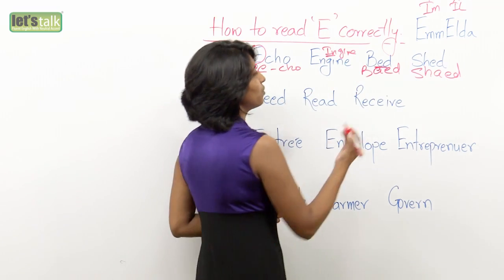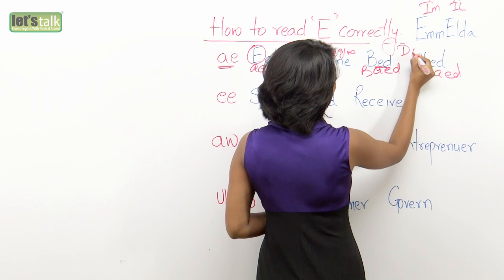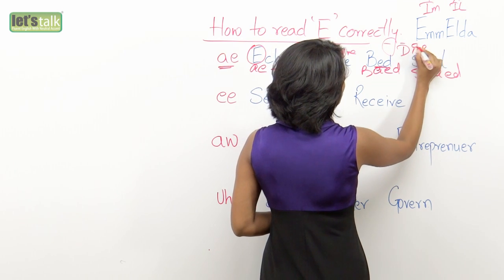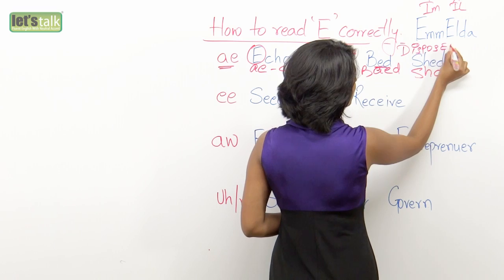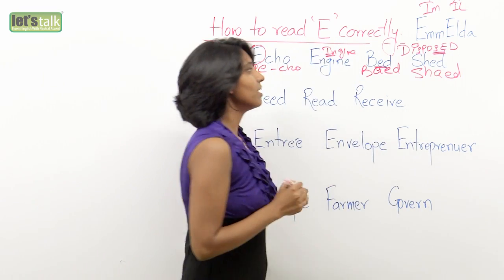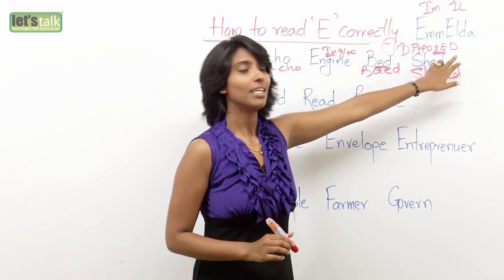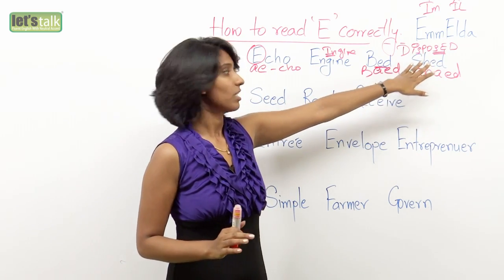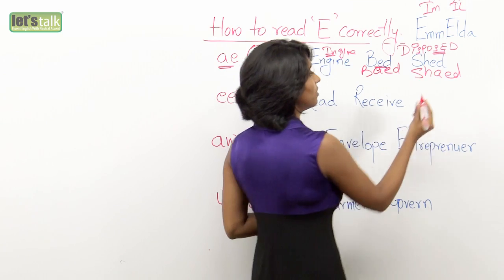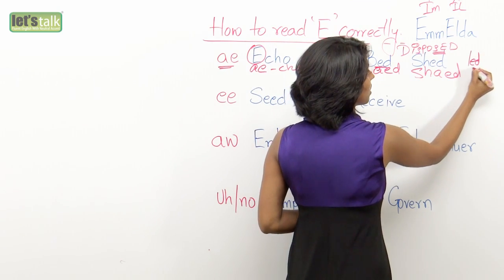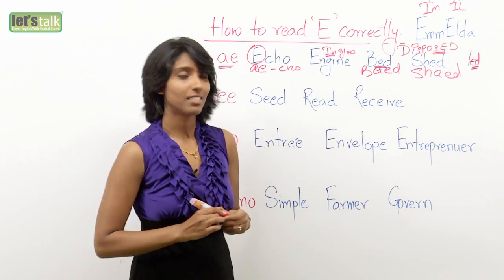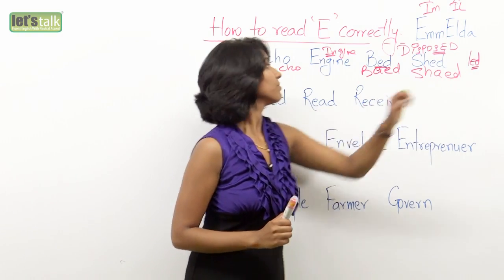For example, the word disposed. It's disposed. However, here it is lead, with the long E.